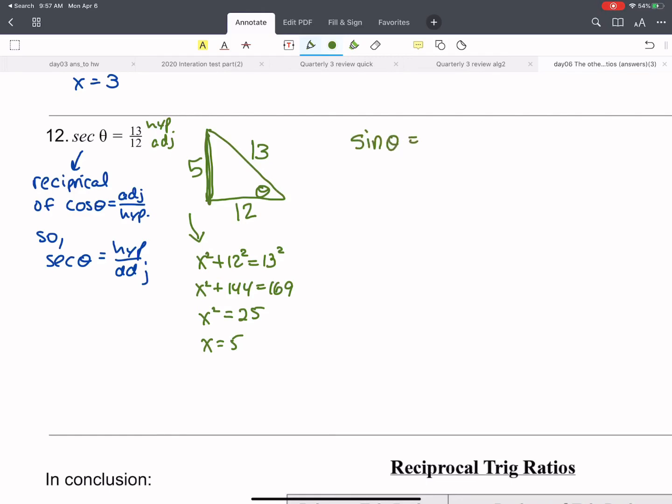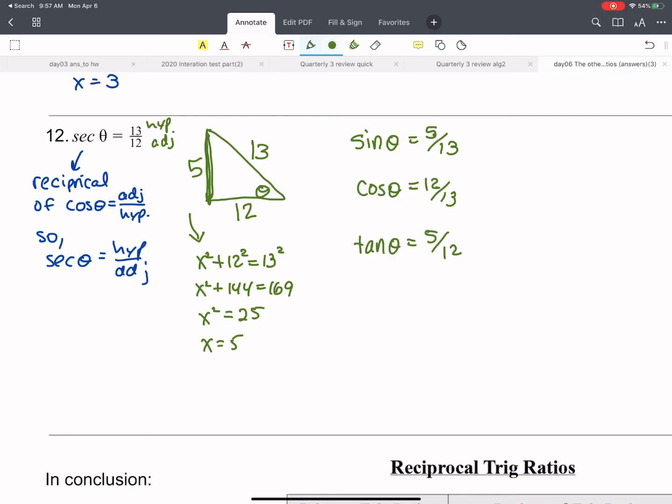Sine of theta is 5 over 13, opposite over hypotenuse. Cosine theta is 12 over 13. Tan theta is 5 over 12. Also remember that tan is sine over cosine, and so you can look at it as 5 over 12.